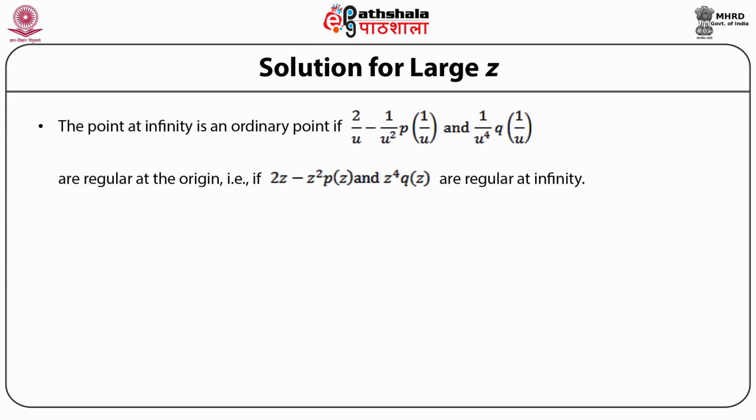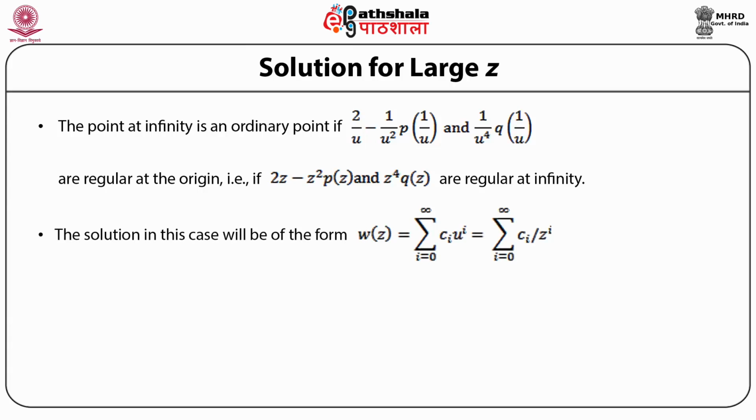The point at infinity is an ordinary point if (2/u − 1/u² · p(1/u)) and 1/u⁴ · q(1/u) are regular at the origin. That is, if 2z − z² · p(z) and z⁴ · q(z) are regular at infinity.